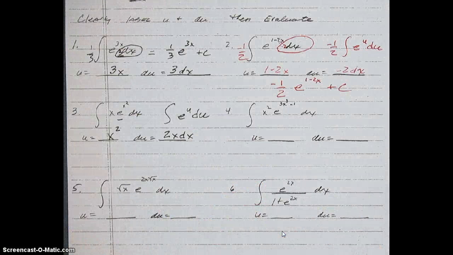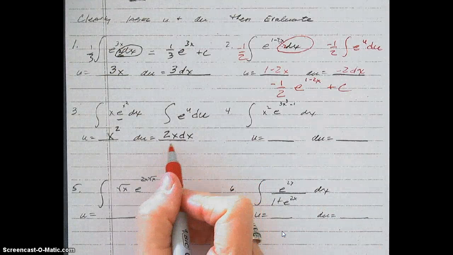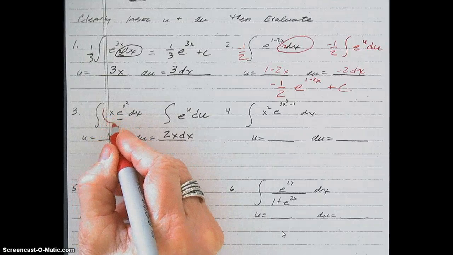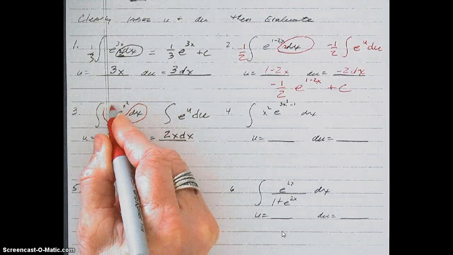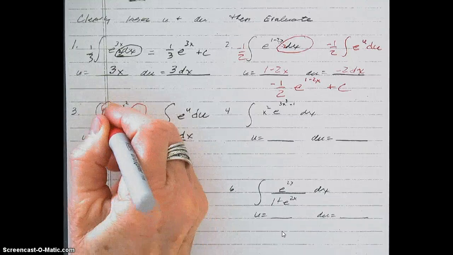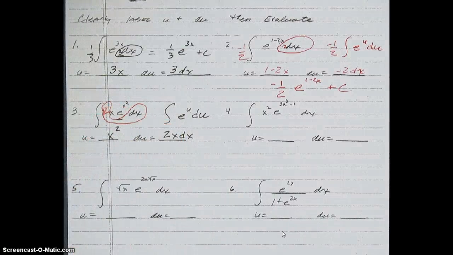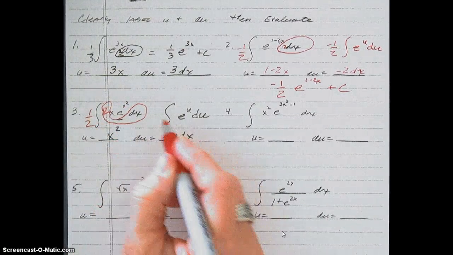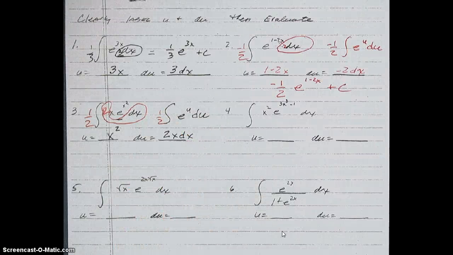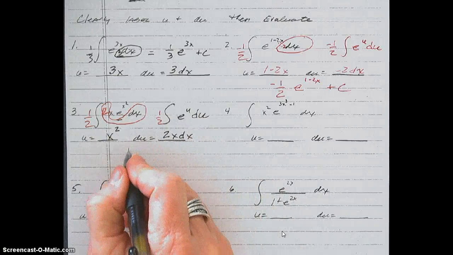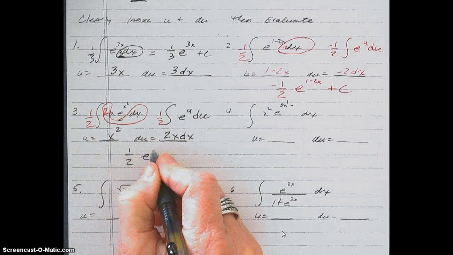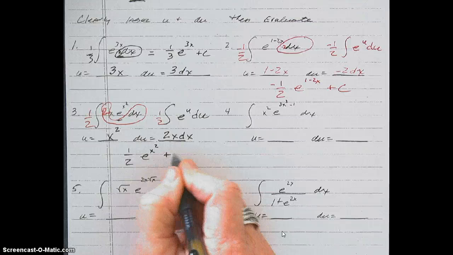And again, I need 2x dx. I have 1x dx. So the counterbalance is going to be a 2. If we put a 2 on the inside, good mathematics tells us we have to put a 1/2 on the outside. And now just take your rule. So the integral of e to the u is e to the u plus c.